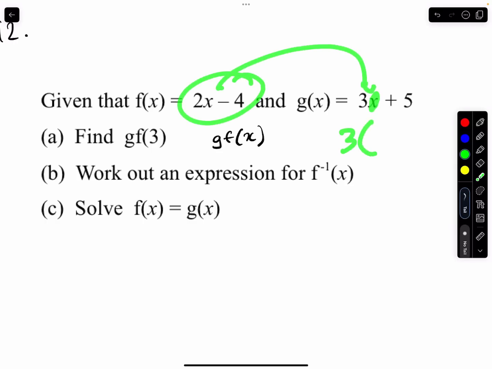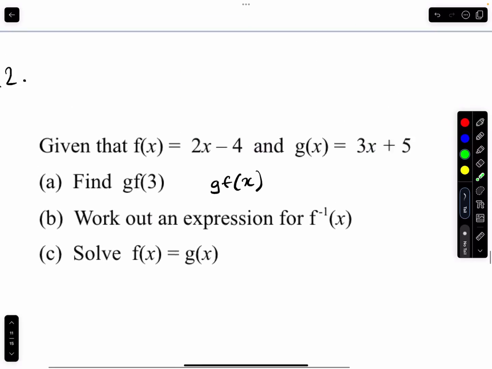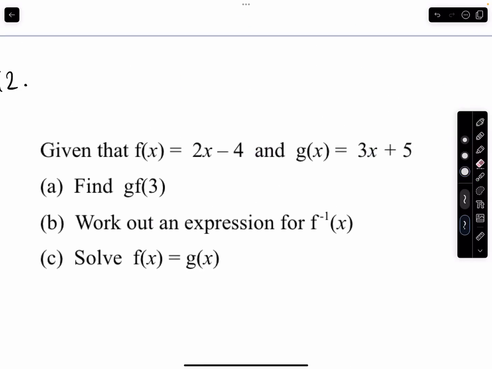So that'll be 3 bracket 2x minus 4 and then plus 5. That's it. You don't need to expand it out, and that is gf of x. You can expand it out though if you want to. But this question isn't asking us for gf(x). It's asking us to put 3 in there.